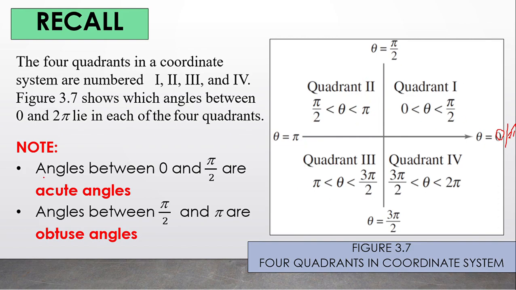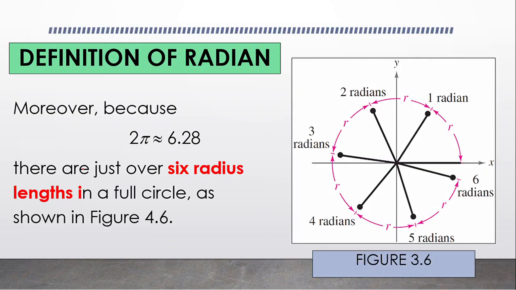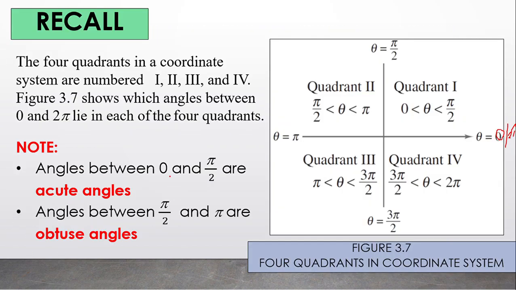Okay, so note that angles between 0 and pi over 2 are acute angles. So, dahil ito si pi over 2, ito ay acute angle. Alam naman natin ang acute angle is measured less than or equal to 90 degrees.